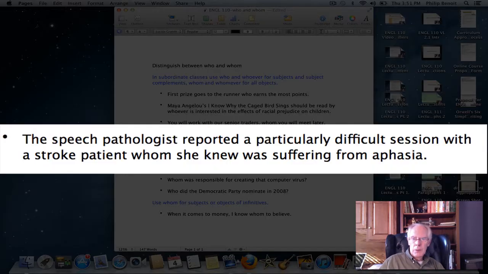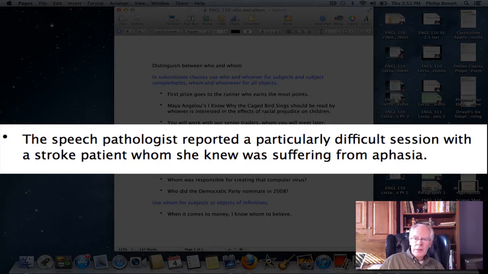Here's another example of a confusing sentence that makes us kind of wonder and pause. The speech pathologist reported a particularly difficult session with a stroke patient whom she knew was suffering from aphasia. Okay, so here we have, again, a subordinate clause, whom she knew was suffering from aphasia.